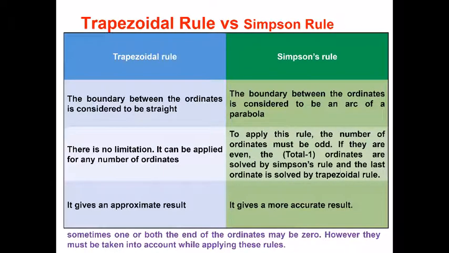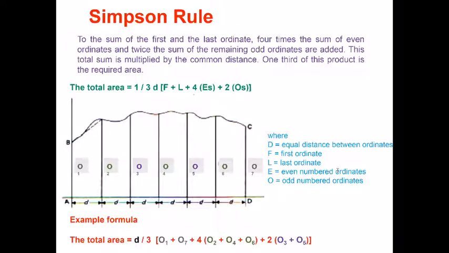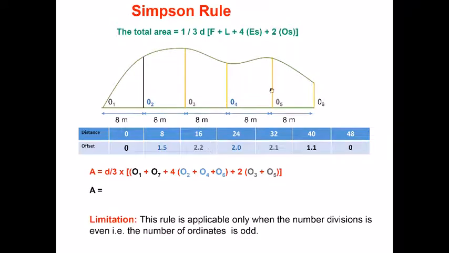So if the number of ordinates is even, and you still want to apply Simpson's rule, what we can do is take n minus 1 ordinates. Let's see this diagram. Yeah, this fits perfectly.